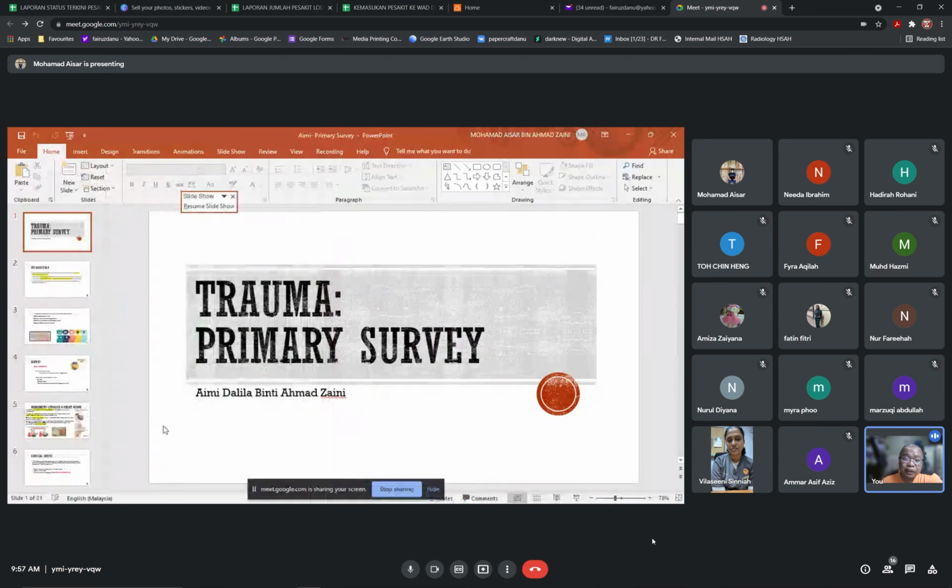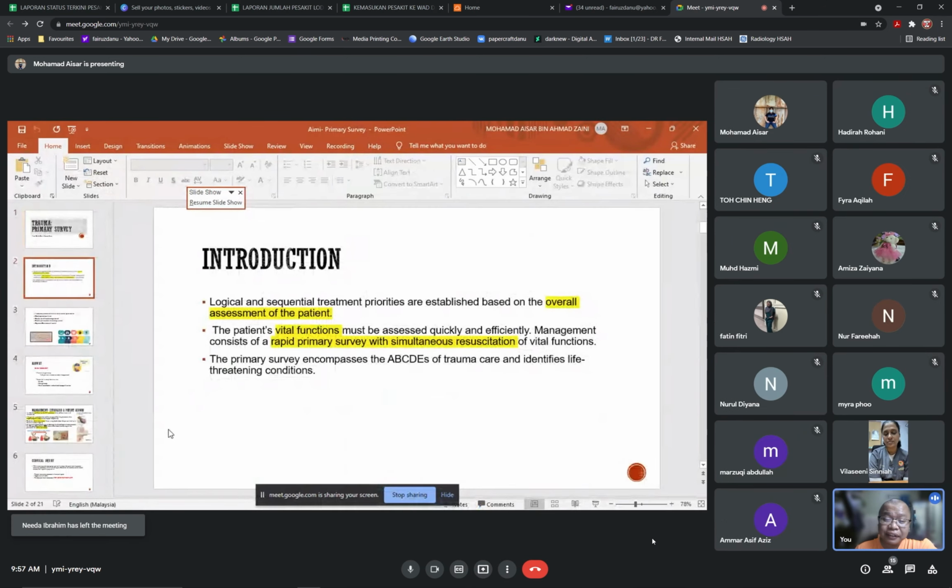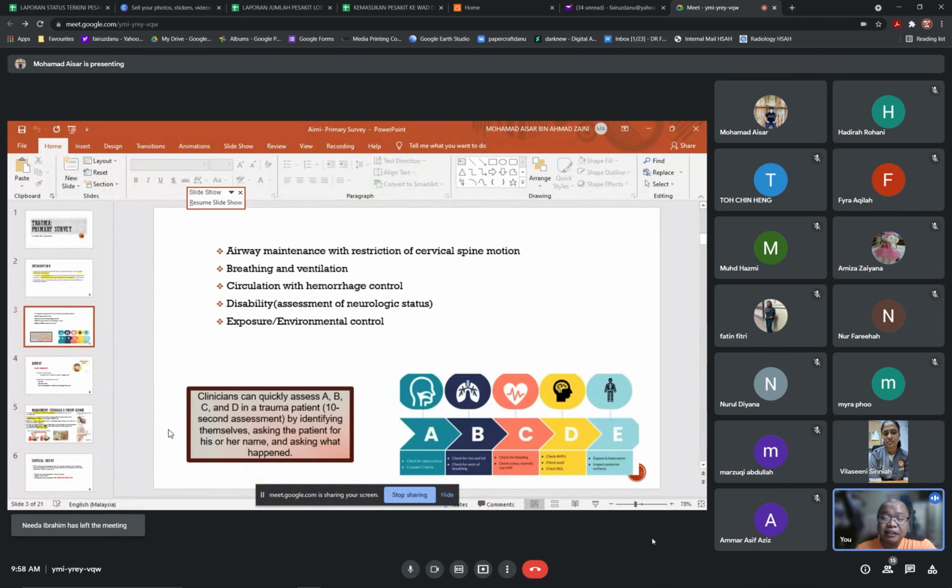Any patient that comes to the ED, you can do a quick primary survey, even if not trauma, to ensure the patient survives. For example, if a patient comes with acute pulmonary oedema and cannot breathe, you won't take the history first. You do the primary survey first and look for the life-threatening condition, maybe hypoxia and so on. The principle and concept of primary and secondary survey can be used all throughout your ED posting. Okay, that's what I mean.